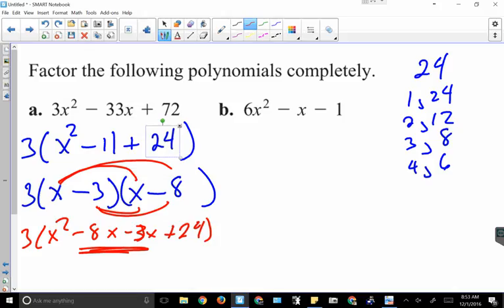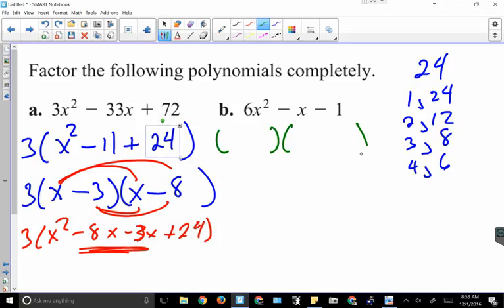So I take a look at A or B here. Do I have anything that can be factored out? And the answer would be no. So that means I'm going to have to set this up so I can factor it out.